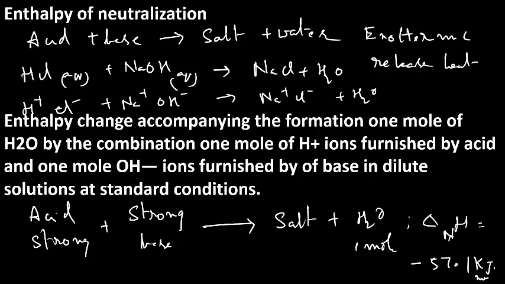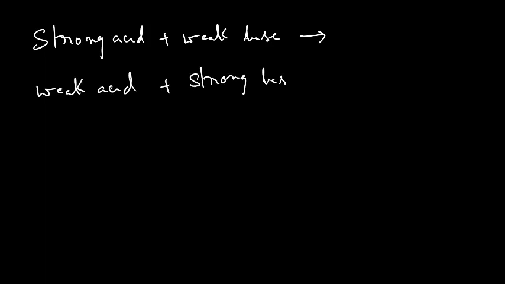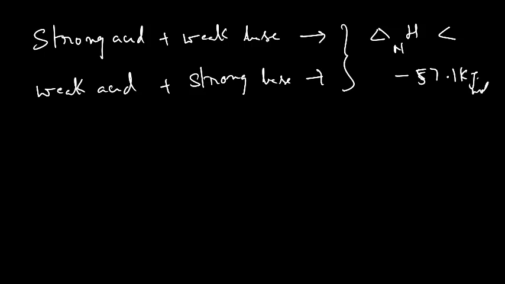Then what about other cases? Strong acid plus weak base gives salt plus water. Similarly, weak acid plus strong base. In these two cases, the enthalpy of neutralization is less than minus 57.1 kilojoule per mole. How much less?